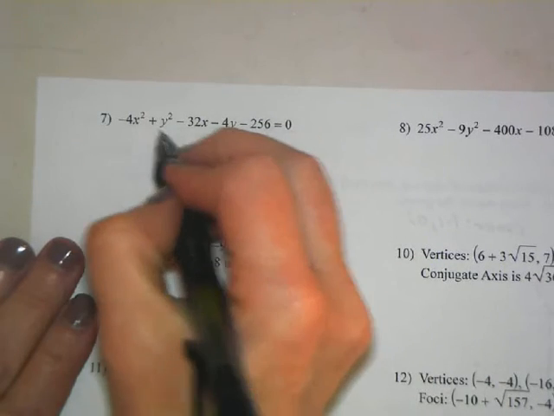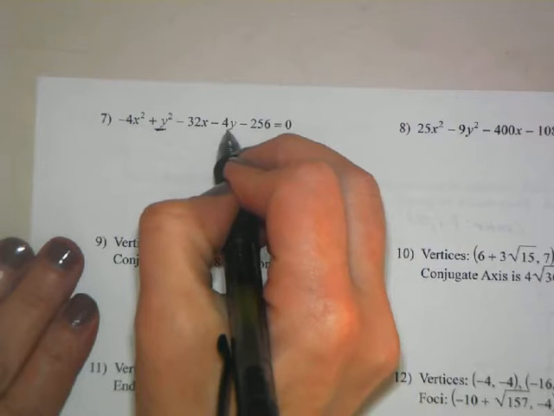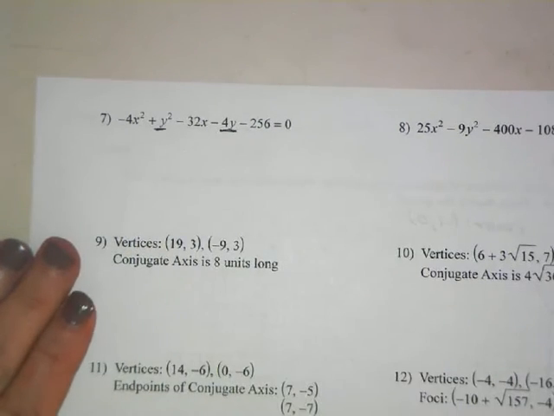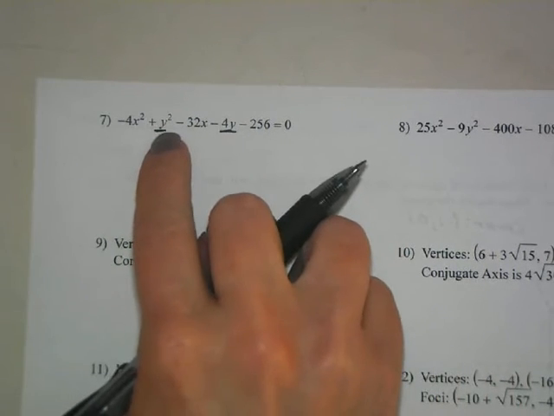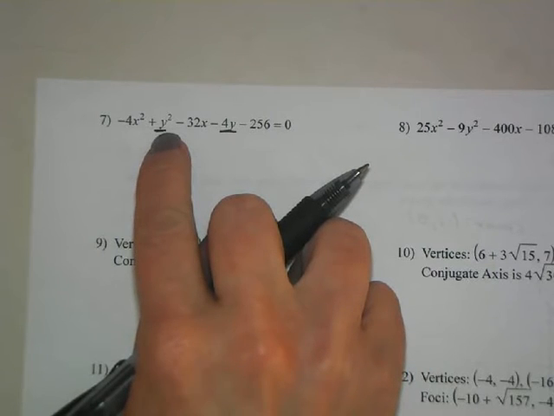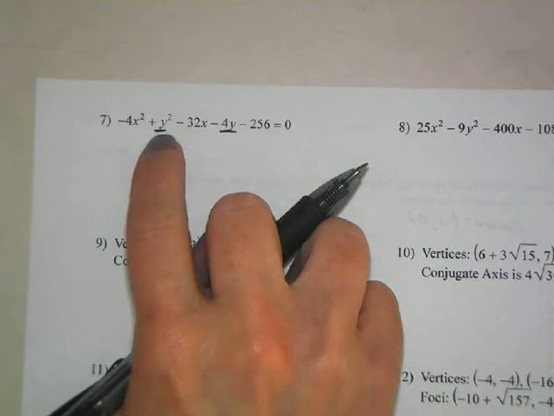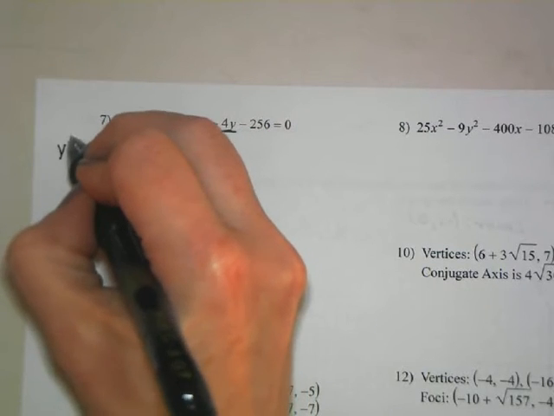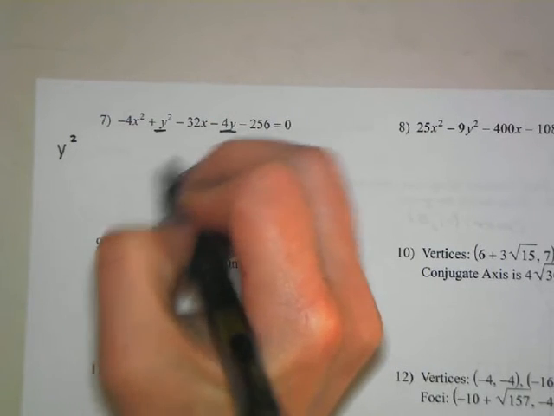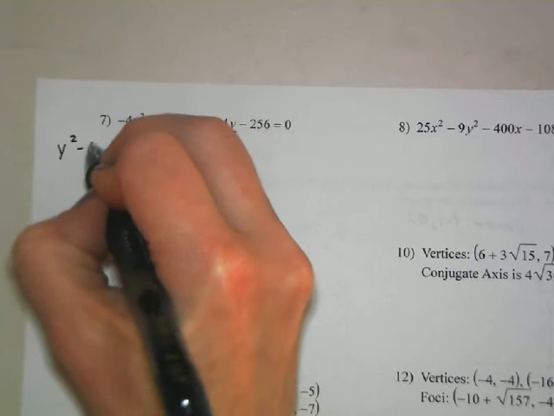So we're going to start with the y's because they're not negative. So start with the non-negative terms to complete the square with first. So this was nice. The y squared didn't have any coefficient in front of it. So that'll be an easy complete the square one.